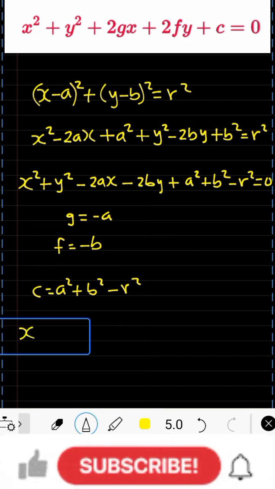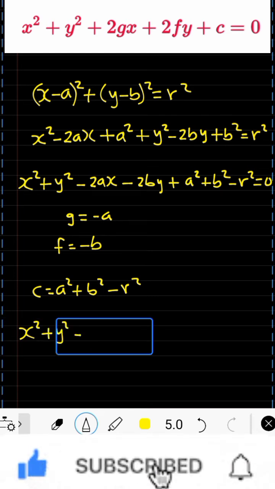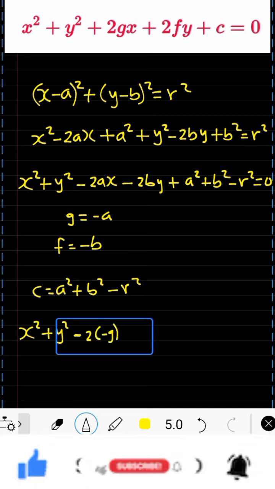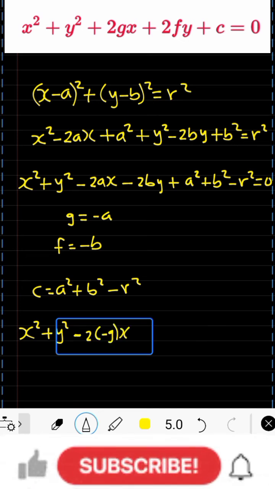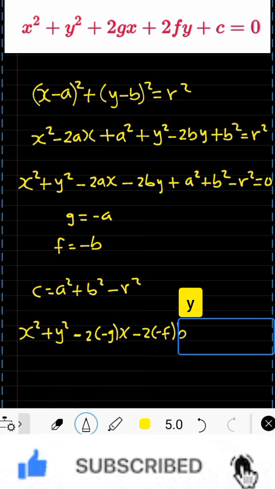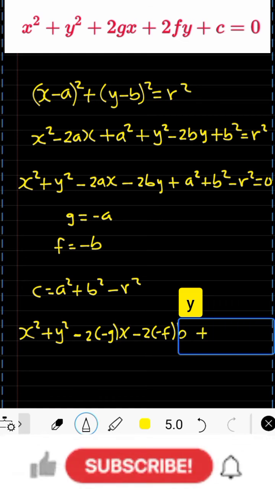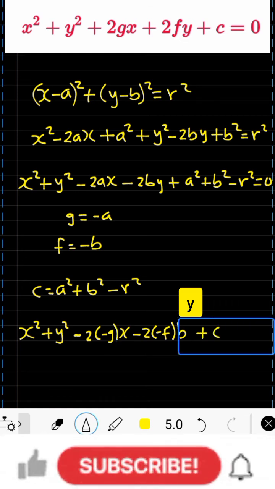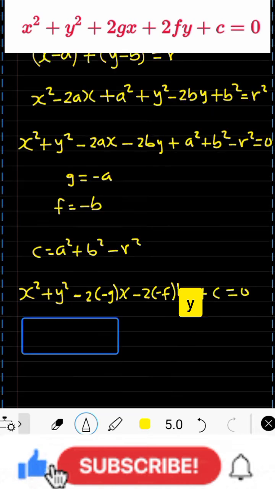So we have x squared plus y squared minus 2 into bracket minus g, x, then minus 2, and our b will be equal to minus f, b, and then plus a squared plus b squared minus r squared is equal to c, plus c is equal to 0.